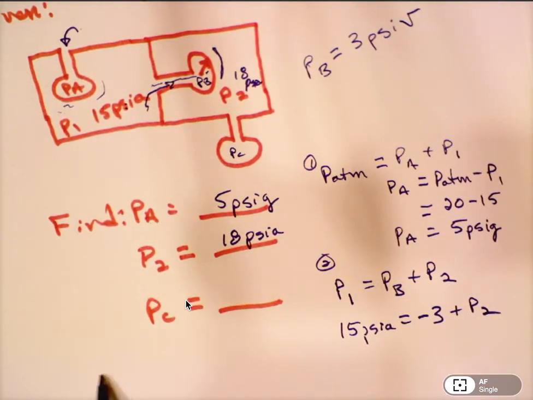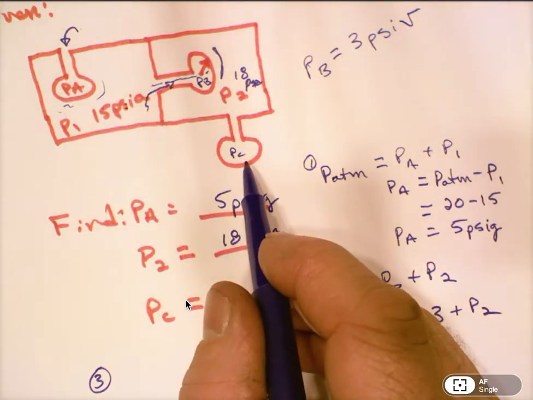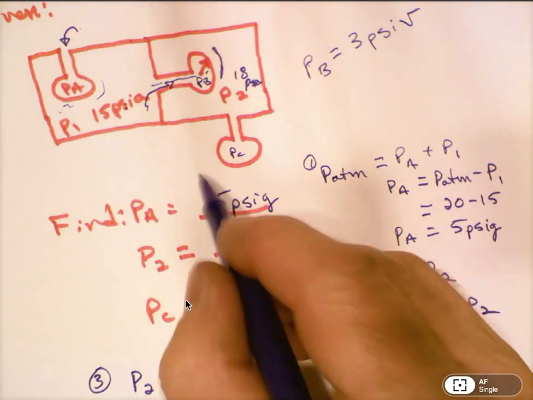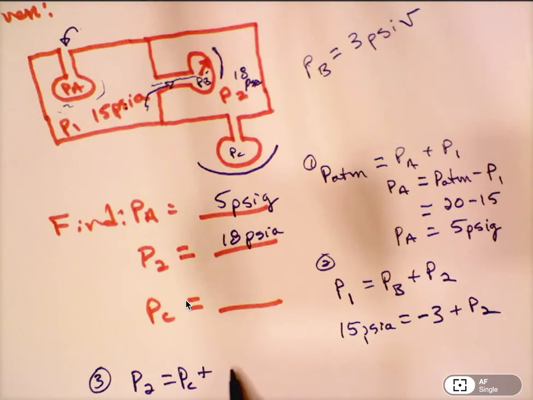Let's do a quick step 3, and then we'll be done. For gauge C, what's the system? P2. What's the gauge? C, as my granddaughter would say, duh. And what's the surroundings? The atmosphere. P2 is 18 psia.